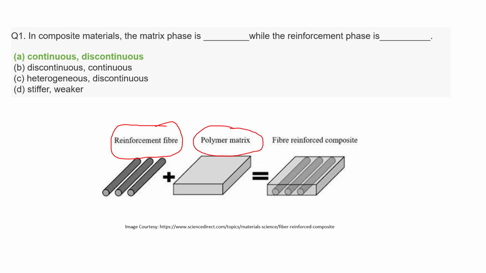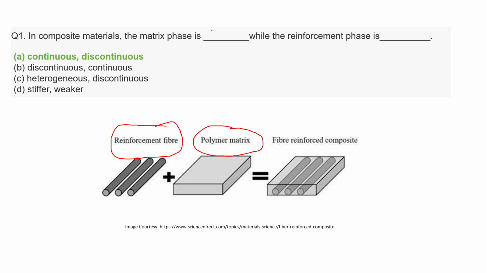Mostly the matrix is the base on which the reinforcement is attached. The matrix is also known as the polymer, and the reinforcement here is the fiber. It can be of different forms: flakes, particles, fibers, mats, etc. That forms the reinforcement.